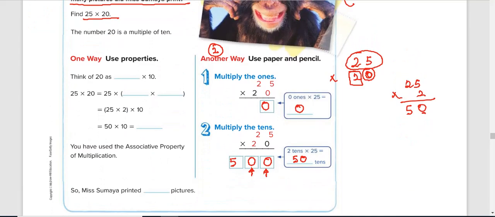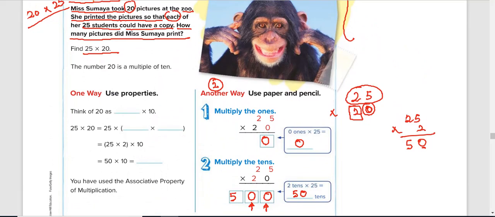So let's consider this one way just to reaffirm that our answer is correct. 25 times 20, we can separate 20 into the product of 2 times 10. And now we can place the 2 and the 10 here. Combining 25 and 2 first, which was what was done here, then multiply by this 10. 25 times 2 is 50.